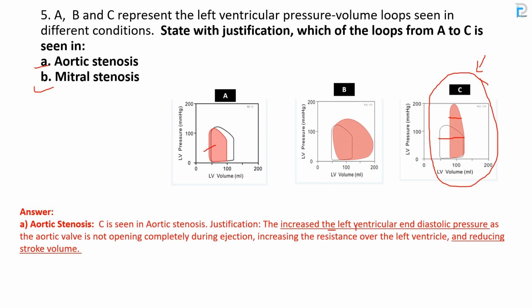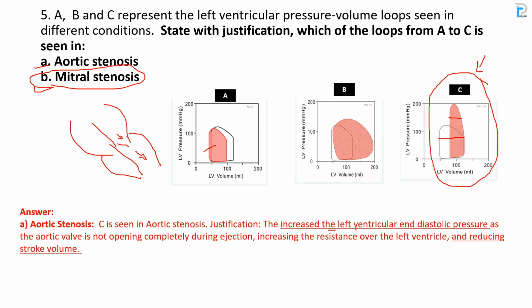Coming to the next one, now our B: which of these loops represents mitral stenosis? In mitral stenosis, we have a problem in the AV valve. On the left side again, you have the valve between the left atrium and left ventricle.